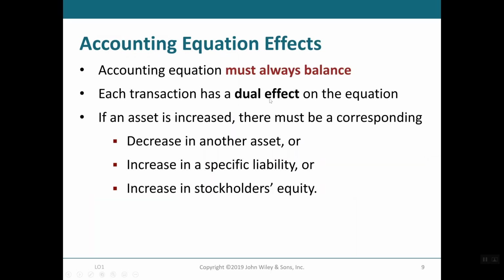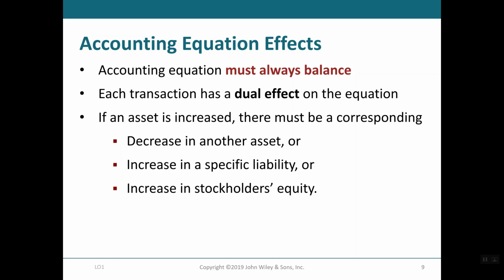The accounting equation must always balance. Assets must always equal liabilities plus stockholders' equity. Each transaction has a dual effect on the equation. Either one side is increasing and the other is decreasing, or one is decreasing and the other side is increasing.